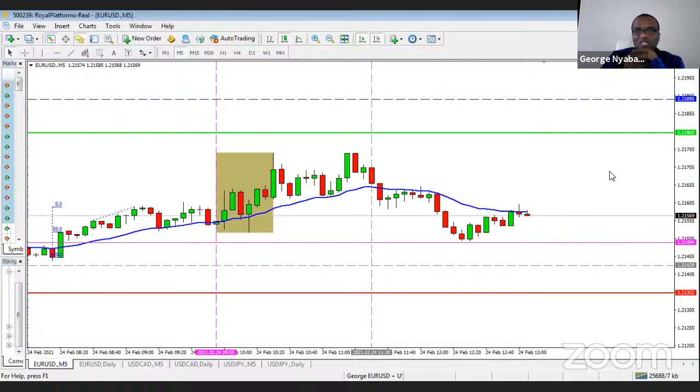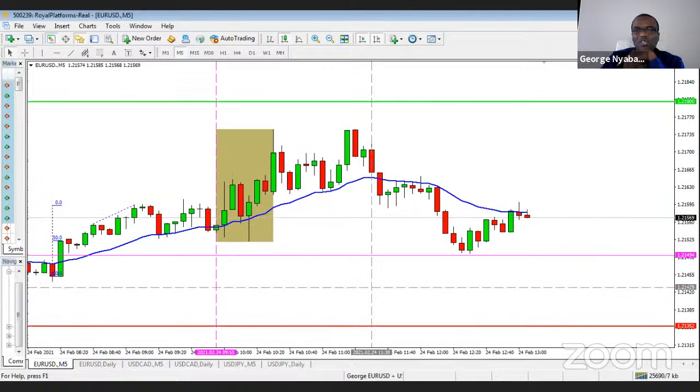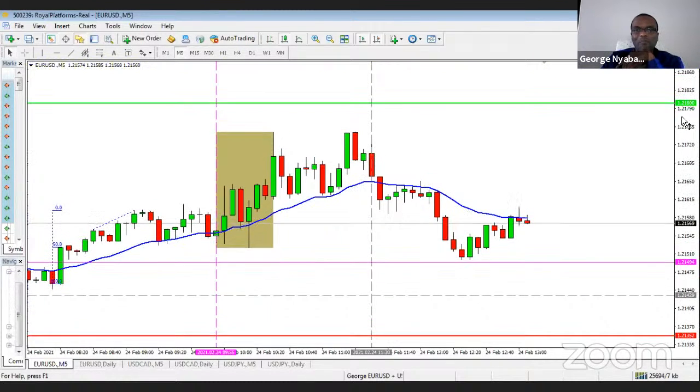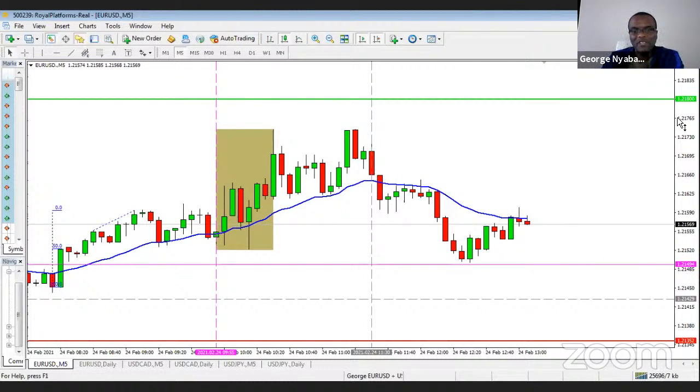Now, what I want to just talk about: the show is called Bar by Bar. The reason for that is, as a price action trader, irrespective of the time frame that you are trading off, every bar provides you information as to what is happening out in this big wide world that is funneling itself into the currencies that you're trading.